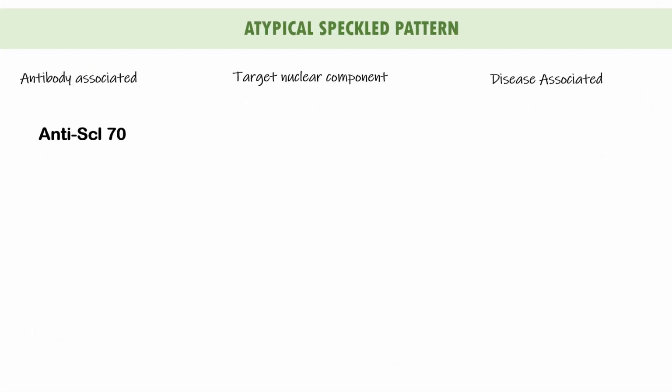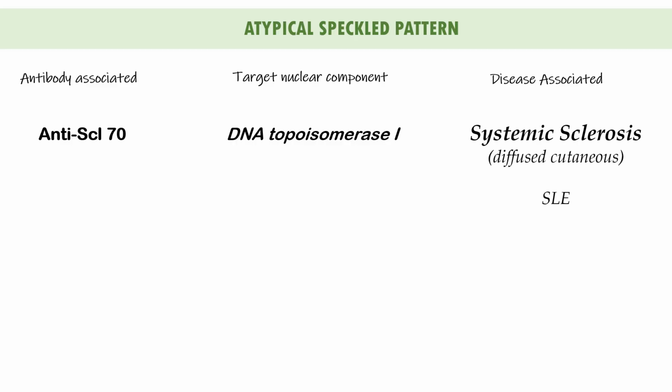Next, we have the atypical speckled pattern associated to the presence of your anti-Scl-70 autoantibody. So this antibody targets the DNA topoisomerase 1 and is associated with individuals who have systemic sclerosis, the diffuse cutaneous type. But this could also be seen in lower titers in cases of SLE.